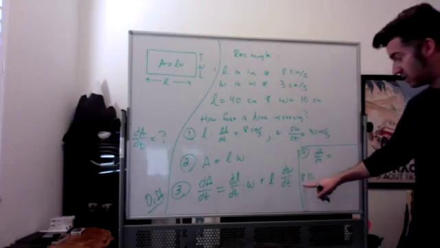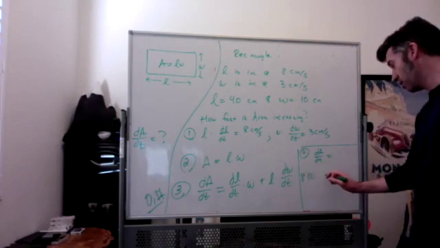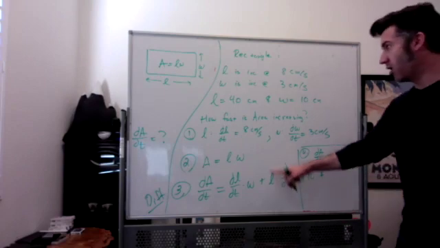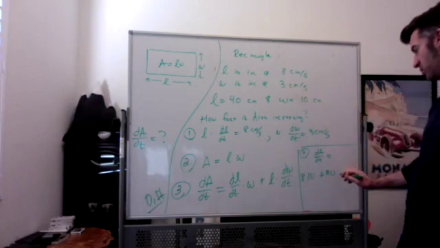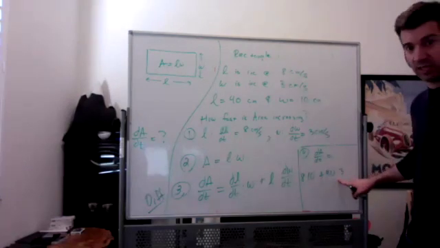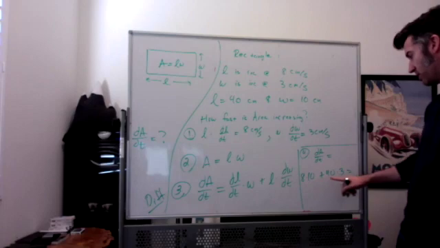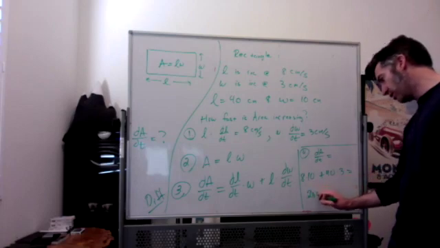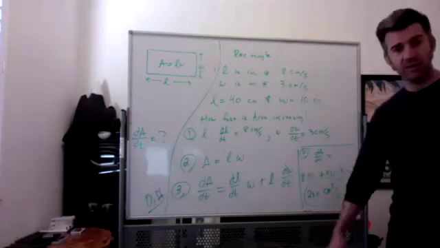Notice this is centimeters per second times centimeters, which is centimeters squared per second, plus L, which is 40, times dW/dt, which is 3 centimeters per second. Again, it's centimeters squared per second. So 80 plus 120 is 200 centimeters squared per second. That's our answer.